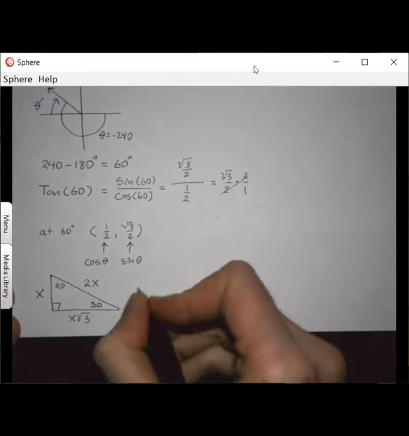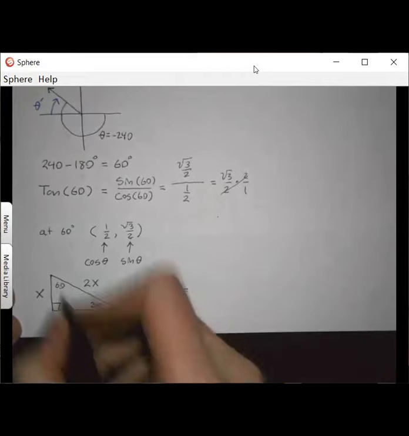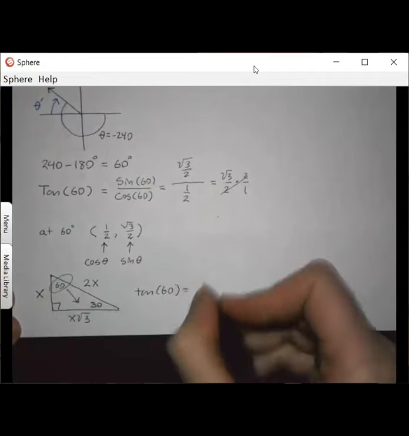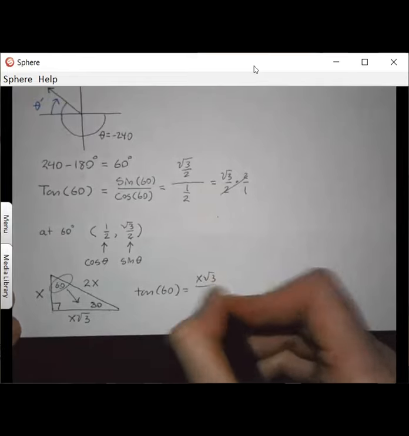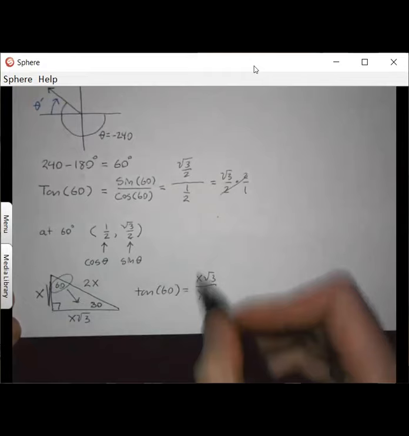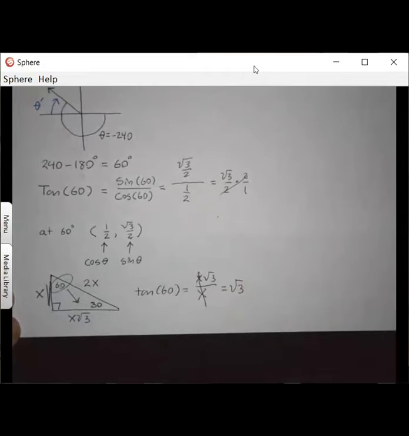And then we can say, okay, if I'm going to do the tangent of 60, that's going to be opposite over adjacent. X divided by x is 1. I'm left with, again, root 3.